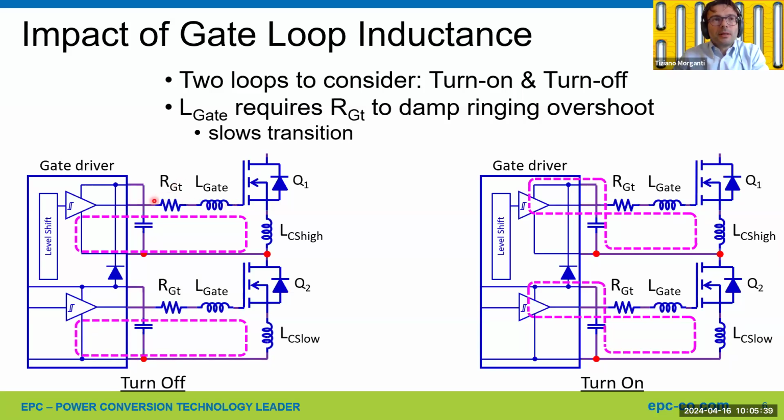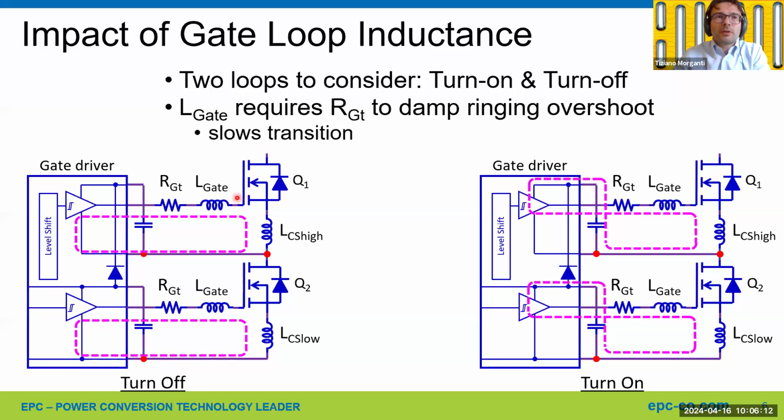Basically, the circuit of the gate drive loop is based on the gate resistor, which is either internal to the gate driver or an additional external resistor, the parasitic inductance of the gate loop, and the input capacitance of the device. And this is an RLC resonant circuit, and it can create overshoot on the gate of the device.